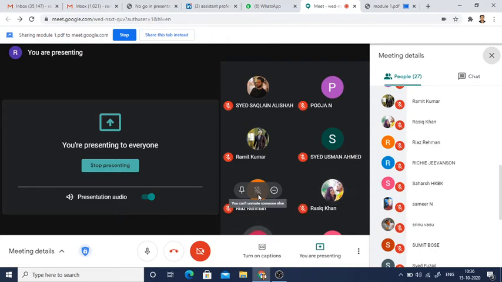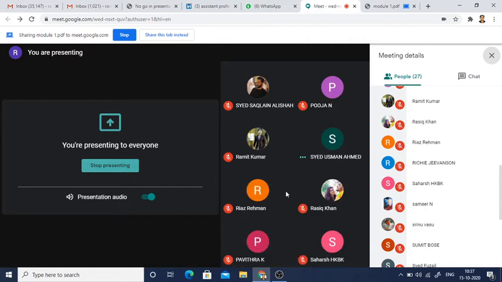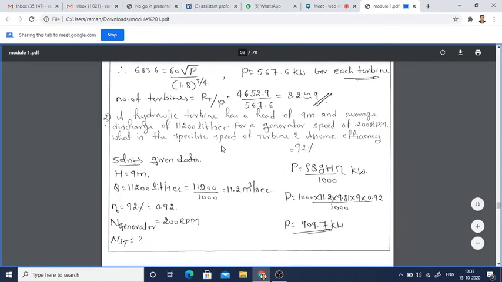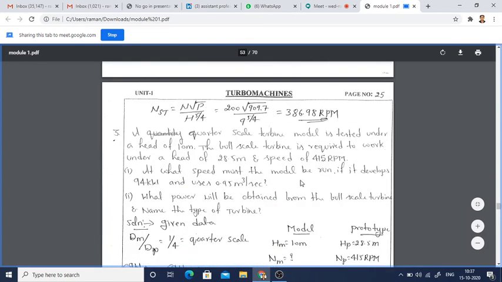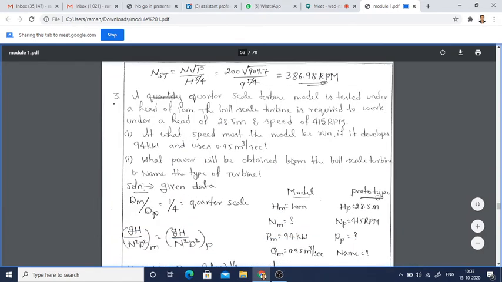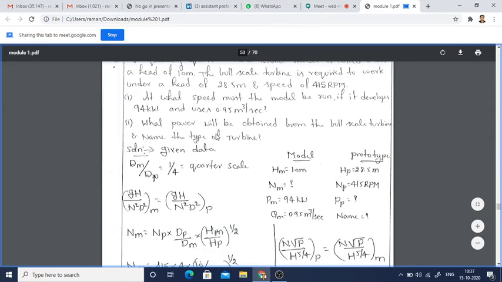Okay, 31.62. 1 divided by that answer is 0.0316, sir. Okay, fine. Have you done the second problem? Okay. So the third one, you just check this one.